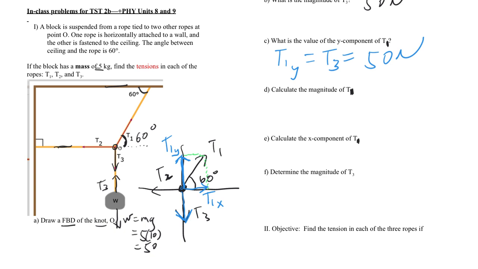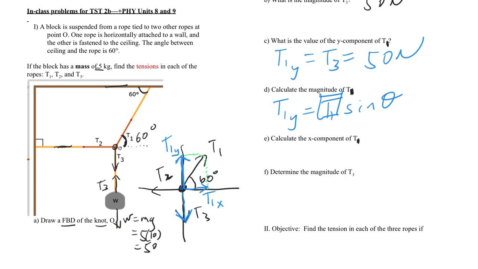Okay, calculate the size of T1. Okay, now that I know T1y, I can do T1y equals T times sine of theta. I'm solving for T1. Okay, that's on your equation sheet as qy equals q sine of theta. So let's plug in our values.